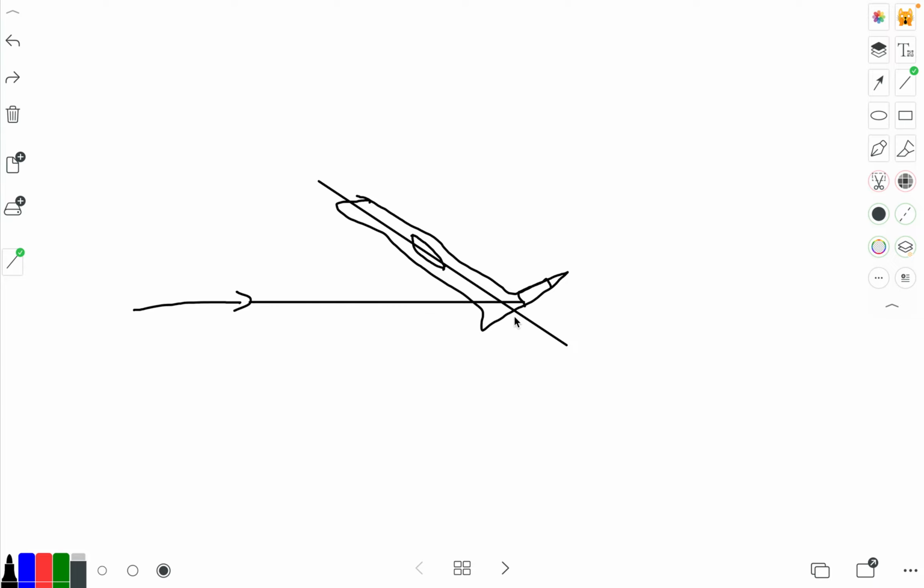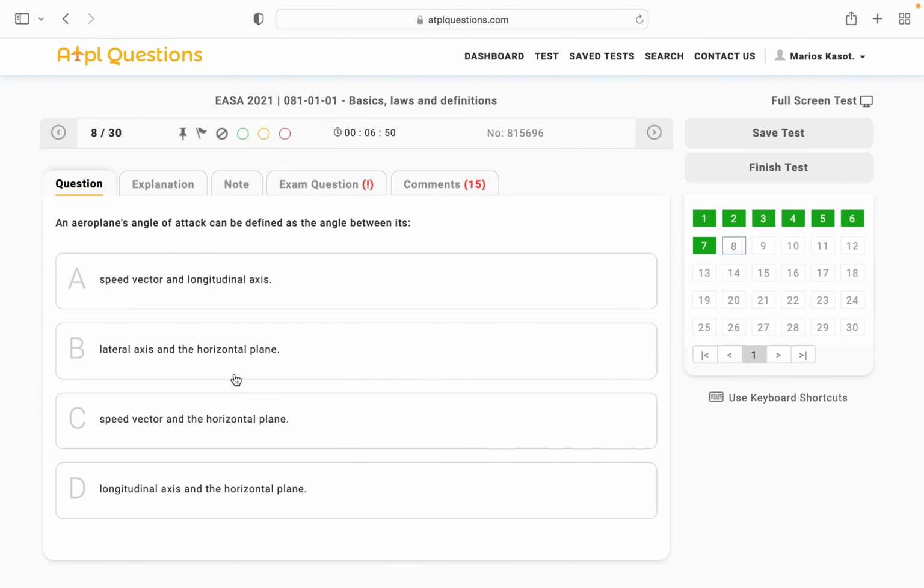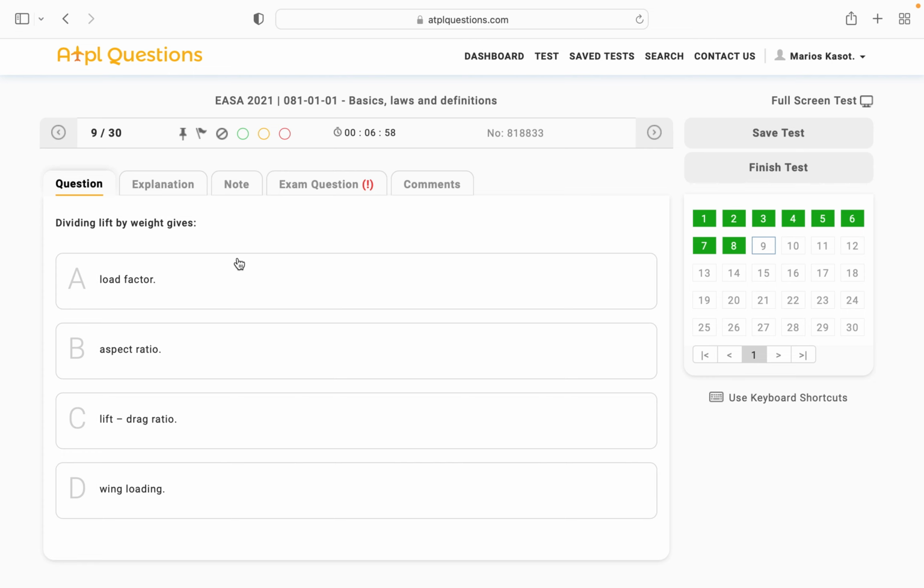You can imagine the whole airplane, the fuselage, as an aerofoil, if this makes it easier for you to understand. So the angle of attack of the airplane is the angle here between the longitudinal axis and the relative airflow, which you can also imagine as the speed vector. So the correct answer is speed vector and longitudinal axis.